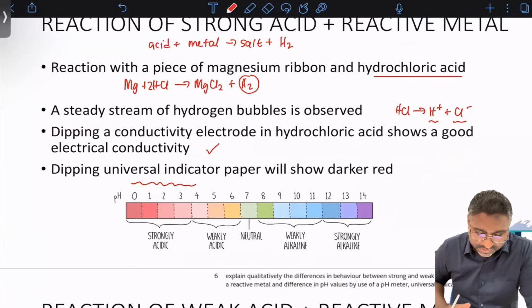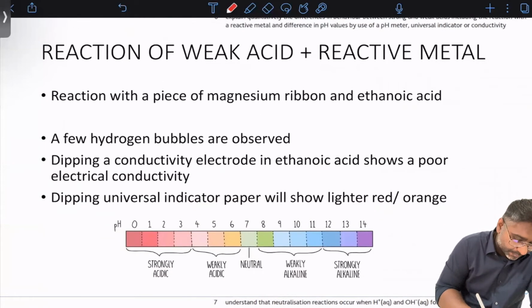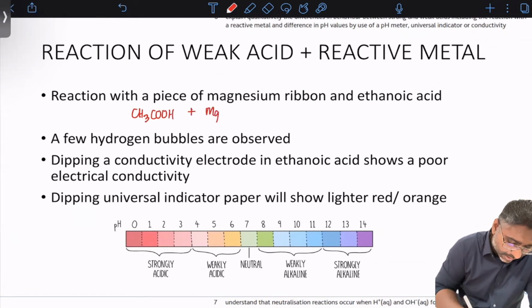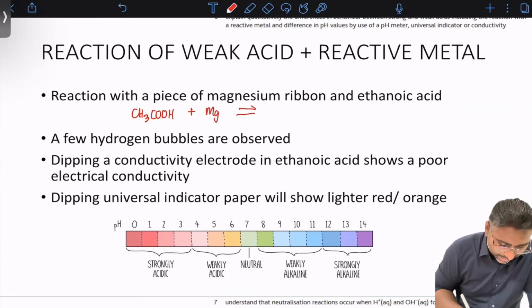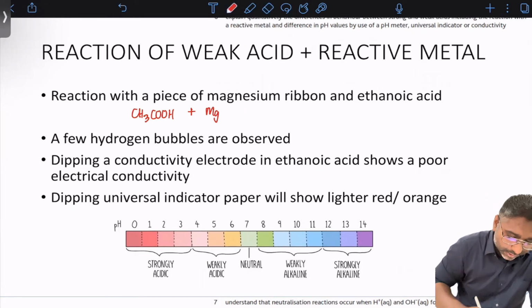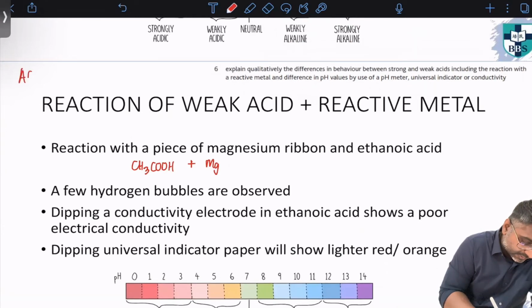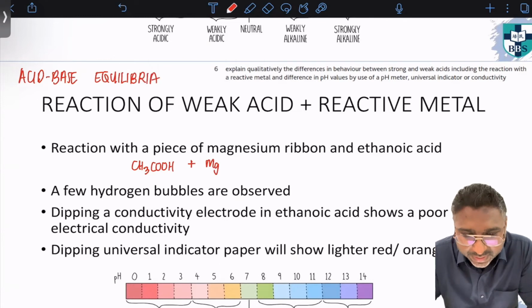But if I change that and use a weak acid, and I told you the weak acid that I'm going to use is this, and then magnesium. Do remember, you do not need to use a reversible reaction for this. Do remember the title of this lesson: acid base equilibria. Acid base equilibria is about the reaction between acid and base.